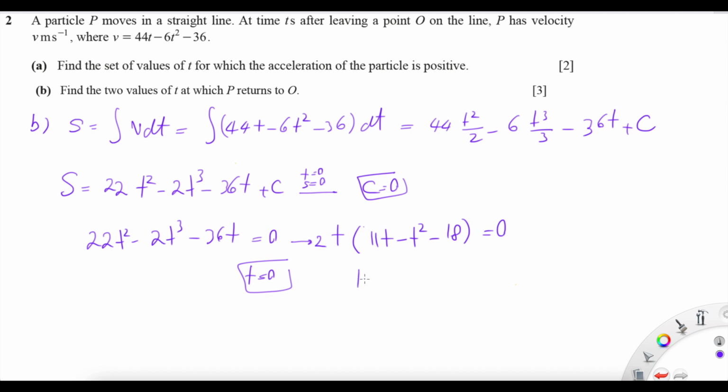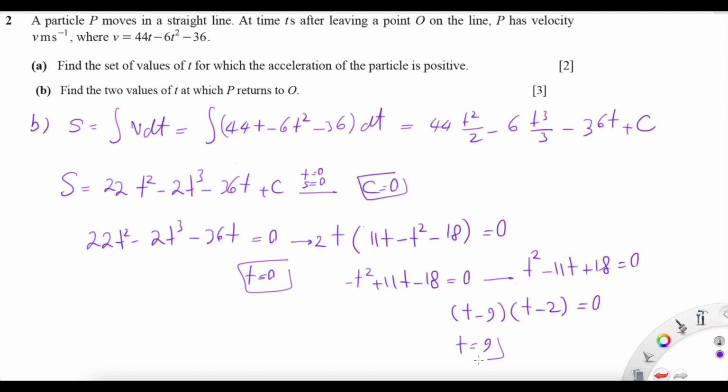The other one is minus t squared plus 11t minus 18 equal to 0. I multiply by negative, and it will be t squared minus 11t plus 18 equal to 0. It factorizes to t minus 9 times t minus 2 equal to 0, so t is equal to 9 and t is equal to 2. These are the two acceptable answers.